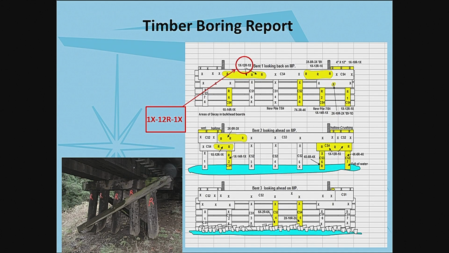Here's an example of a timber boring report. It's basically some elevation views of bents showing piles and caps. The first bent here is actually a timber back wall. I think the inspectors like to be a little artistic at times on this. As you can see here, the areas colored in yellow mean there's decay here, but it still provides the same information.